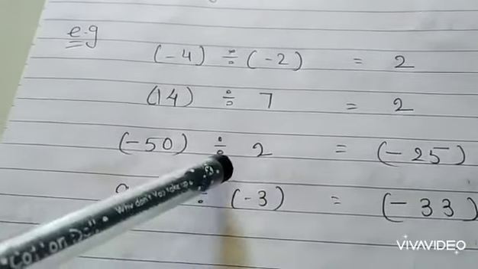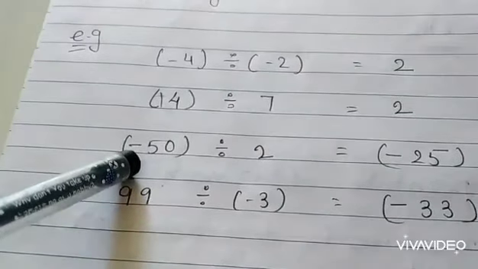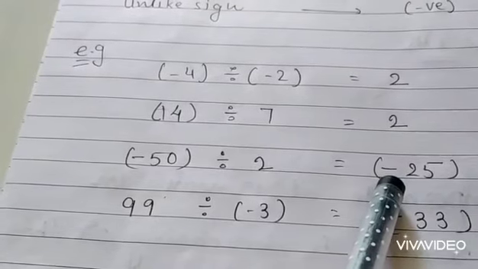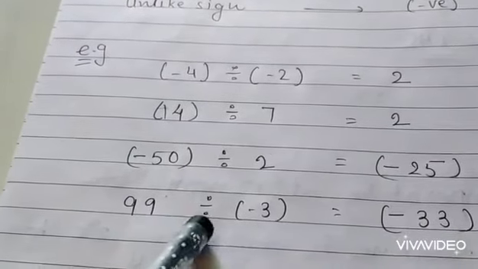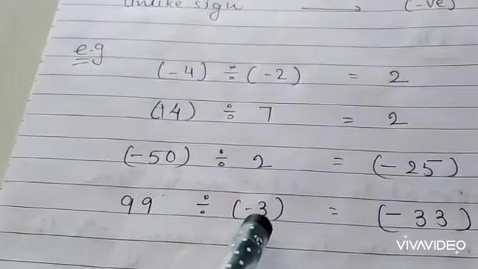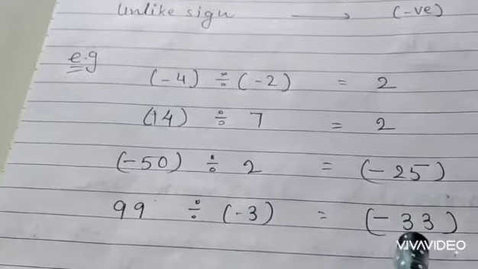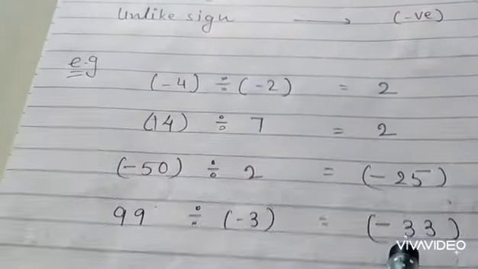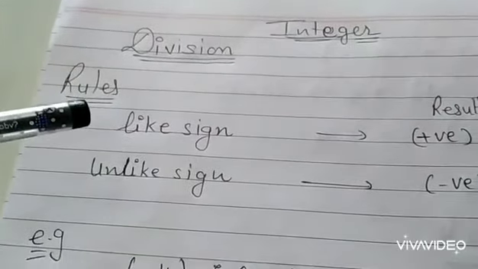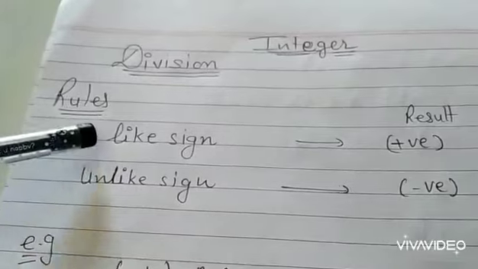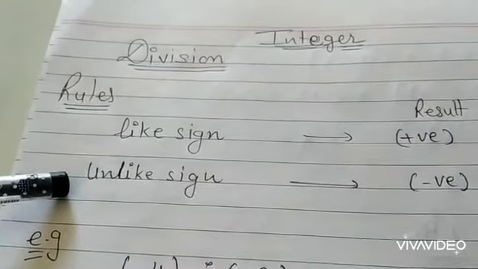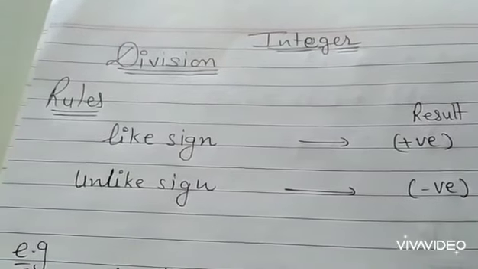Minus 50 divided by 2: minus 50 is negative and 2 is positive, so your answer will be minus 25. 99 divided by minus 3: 99 is a positive number and minus 3 is a negative number, so your answer will be minus 33. So when you divide integers, remember that if like signs are there, the result will be a positive integer, and if unlike signs are there, the result will be a negative integer.